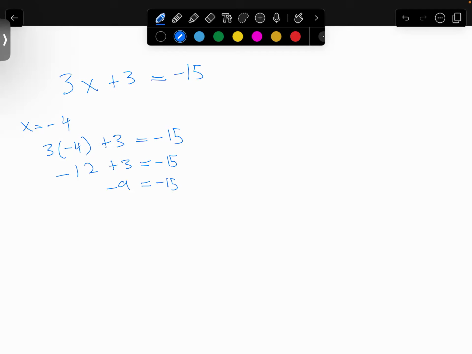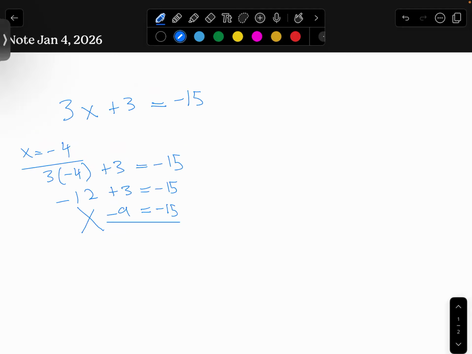So we can check our answer by plugging in whatever answer we get. As we can see, these do not work, they are not the same. So let's follow the steps. The first thing is to undo addition or subtraction. Right here, we are adding 3, which means we will minus 3 on both sides.